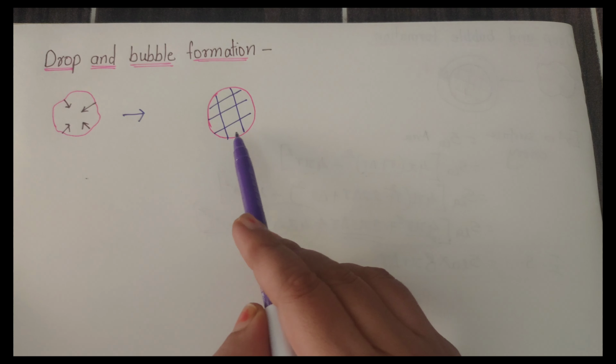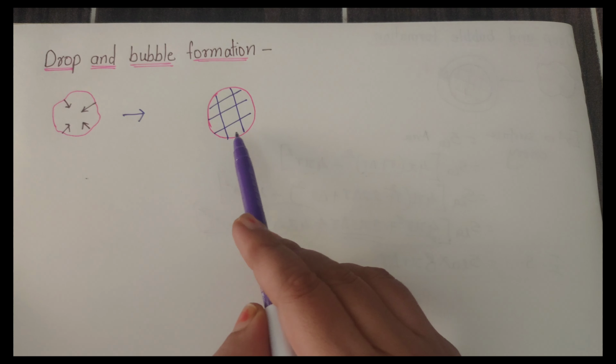We can write extra surface energy is equal to S_LA into area. What is this S_LA? S_LA is nothing but the surface tension, as this drop has an inner liquid surface and outer air surface. So this is nothing but the liquid-air interface. So the extra energy is in the form of surface tension into area.